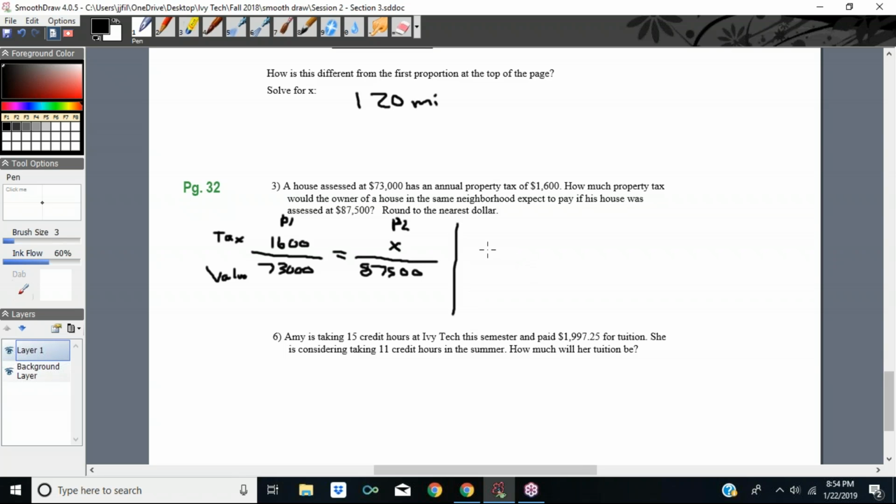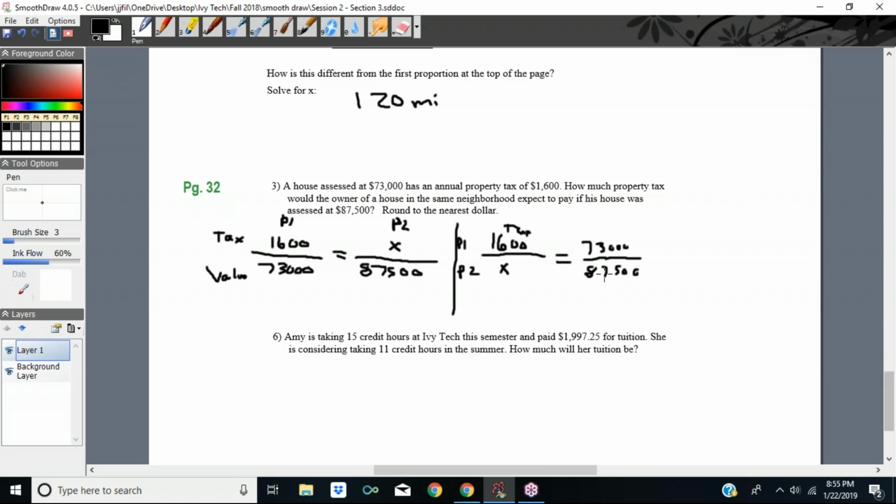Another way to set it up would be to have the tax over the other tax. Property 1, property 2, 73,000 and 87,500.